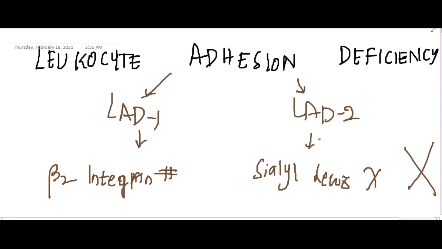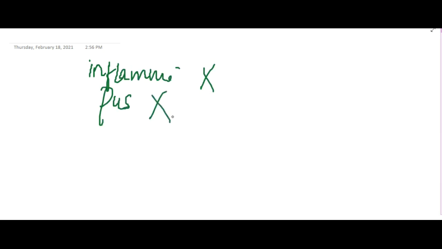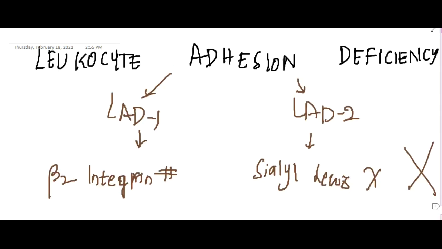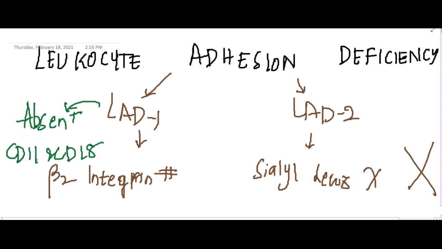Whereas leukocyte adhesion deficiency 2 causes a defect in cellular margination and rolling. Because of both these, the signs of inflammation are absent and even the pus does not form properly. So how are you going to diagnose it? It's simple. Type 1 is diagnosed by the absence of beta 2 integrins, that is CD11 and CD18, on flow cytometry.